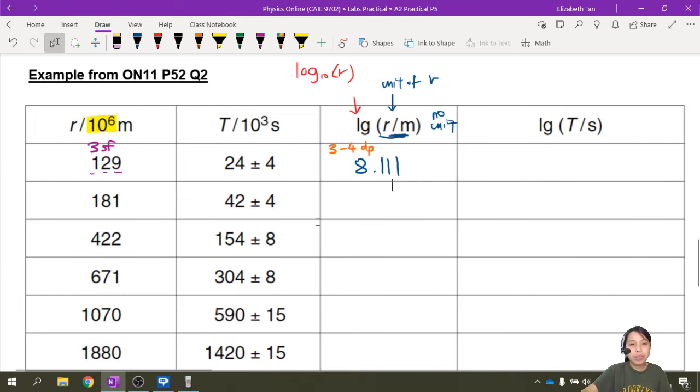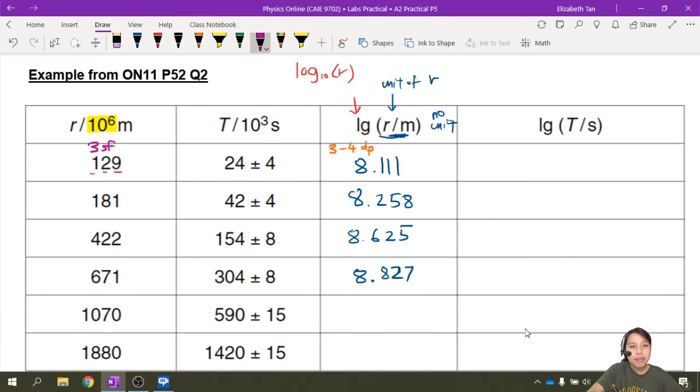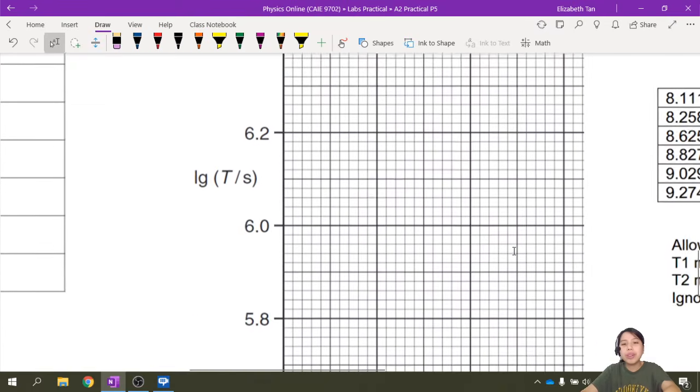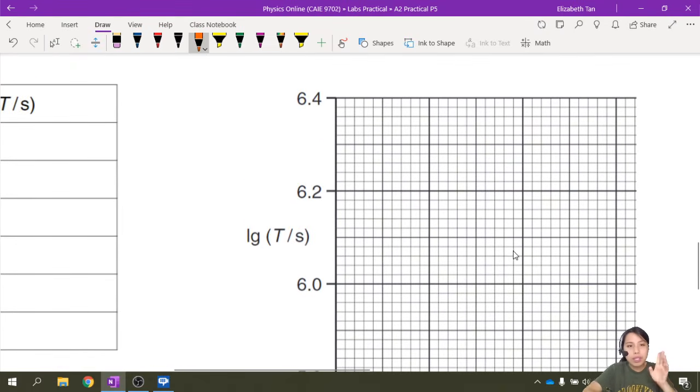Okay, continue, do the rest, and you will get, yep, so this is the rest of it. And these are all the cases where you have 3 SF, so you should follow 3 DP, or 3 or 4 DP. Too many DP. Once again, best to check your graph. Okay, what is the smallest you can plot here? So you check and see, 6.2.